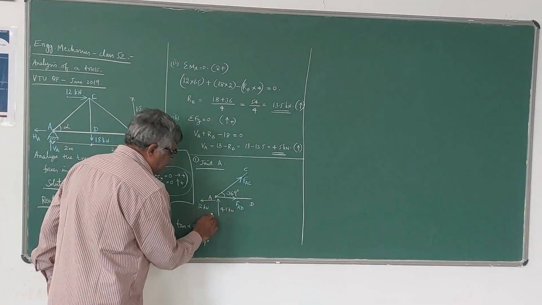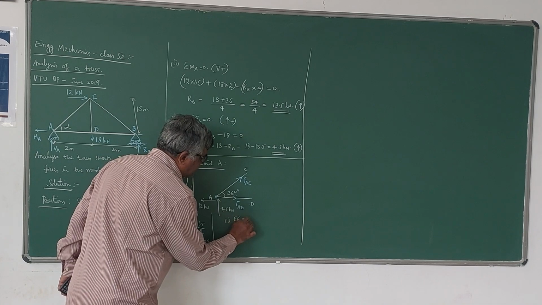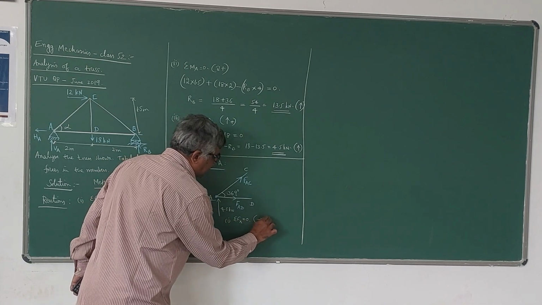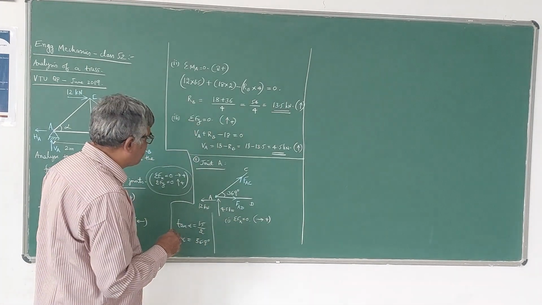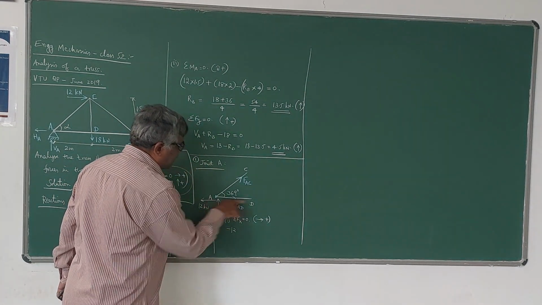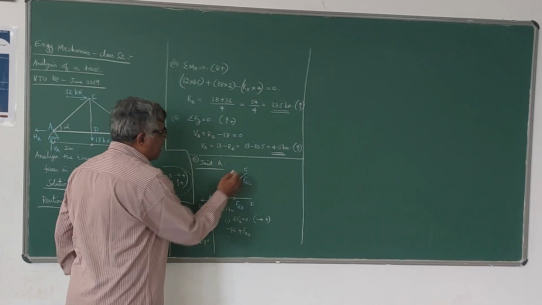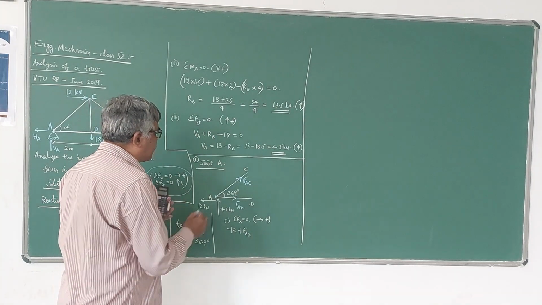Now apply the equations of equilibrium for this joint. So sigma Fx equal to 0 I am going to use. The sign convention is forces acting towards the right positive, left negative. So here 12 is acting towards the left, so it is minus 12. FAD is acting towards the right, so plus FAD. And we have resolved this force into two components.